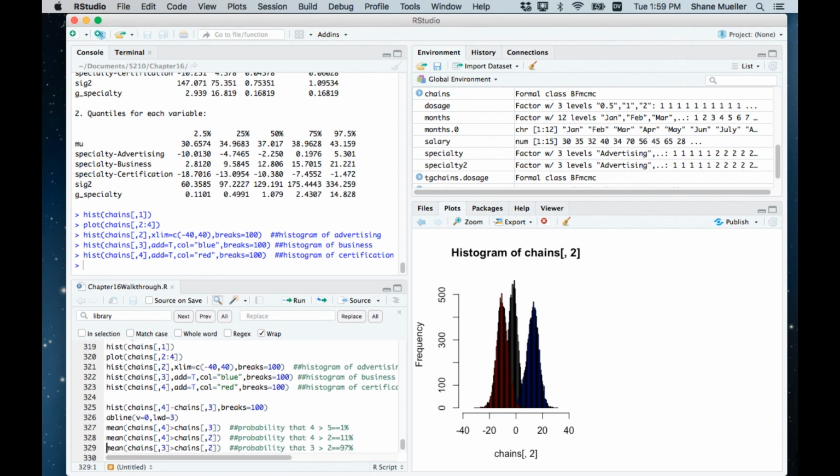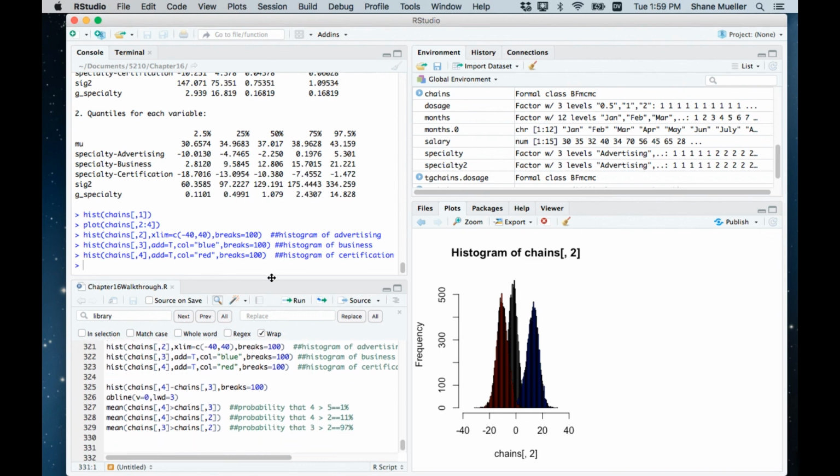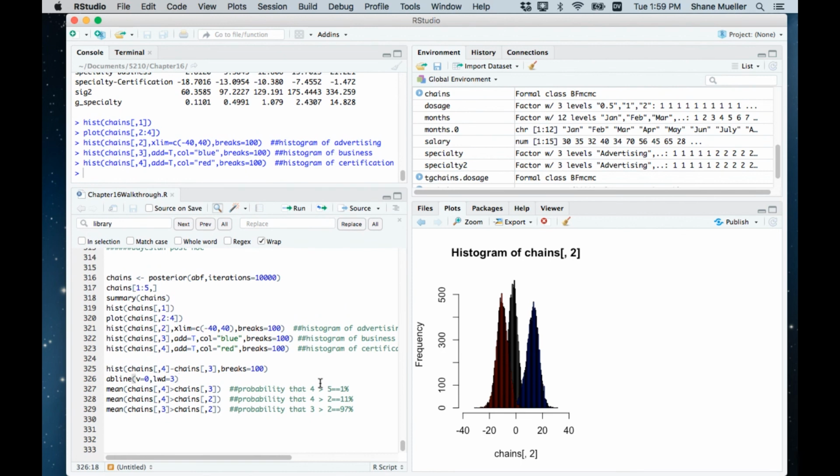You could also look at the number of times in which one level is different than the other level. So 4 is different than 3.